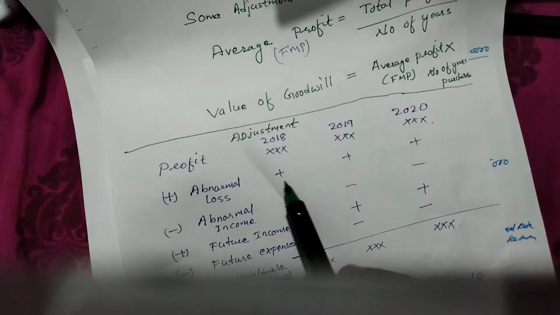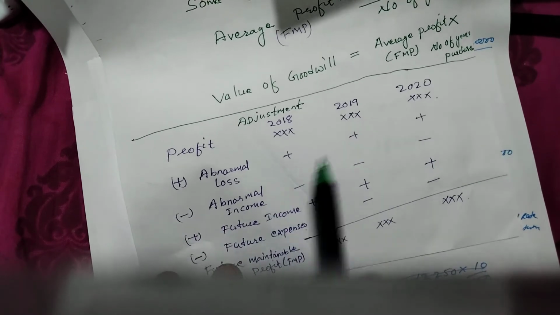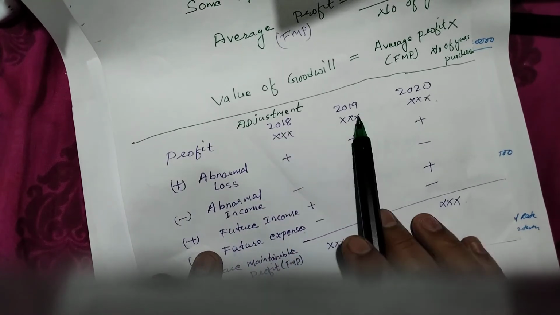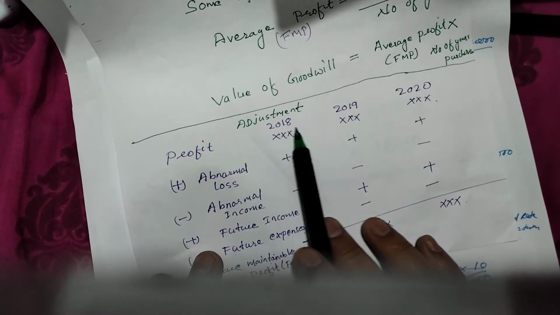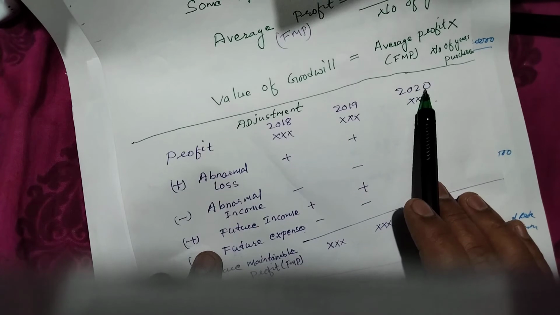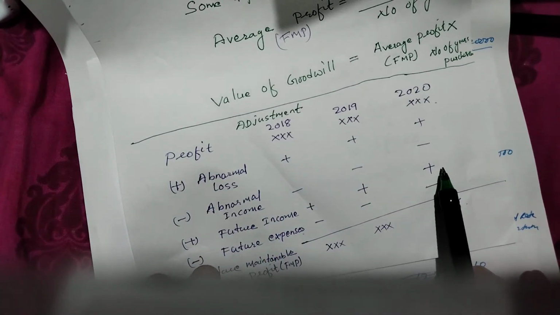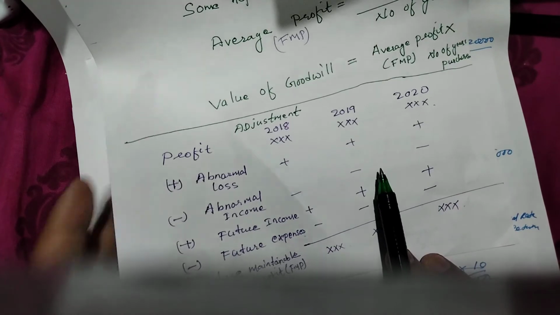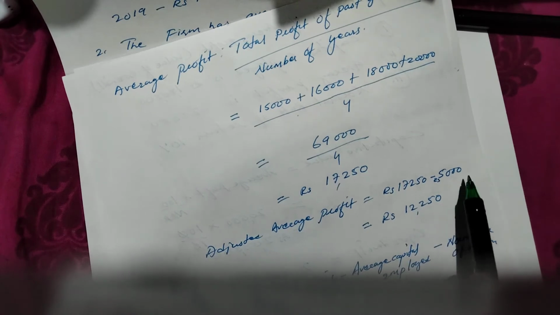So usually how we used to deduct these losses, we used to deduct from their respective years of profit, from all the respective years. But this particular 5,000 is rent for every year.